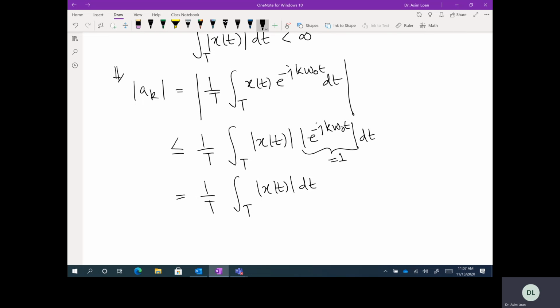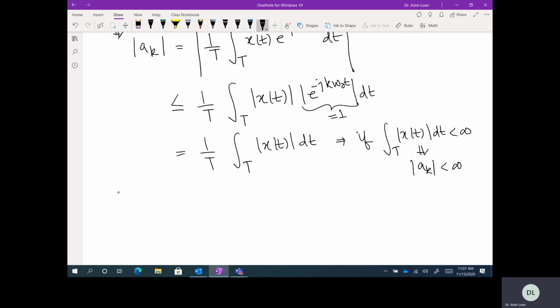This magnitude is already 1. So if the integral of the absolute value of x of t dt is finite, this implies the magnitude of a_k is finite.